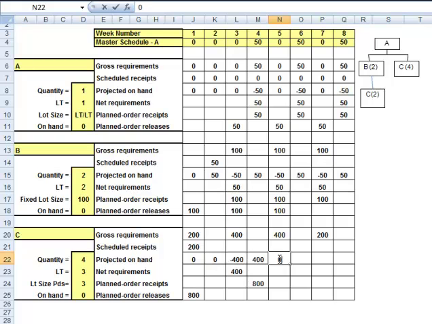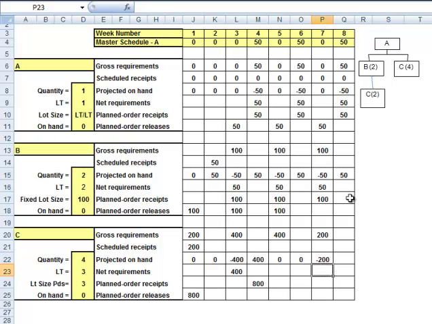That takes me down to 0. In time period 7, my projected on-hand is 0 minus 200 plus 0, which gives me a minus 200.